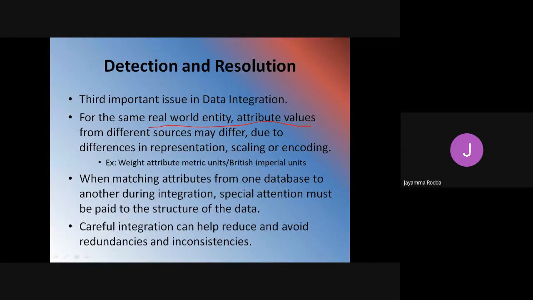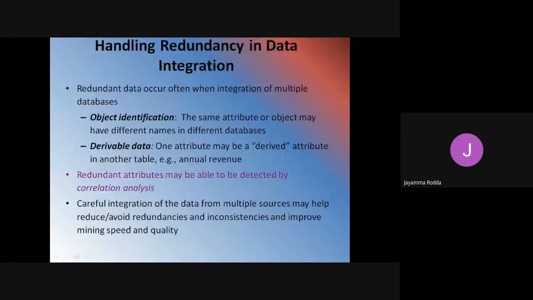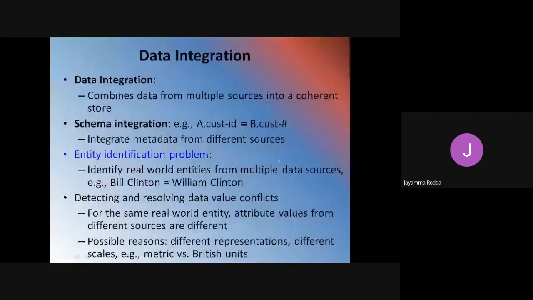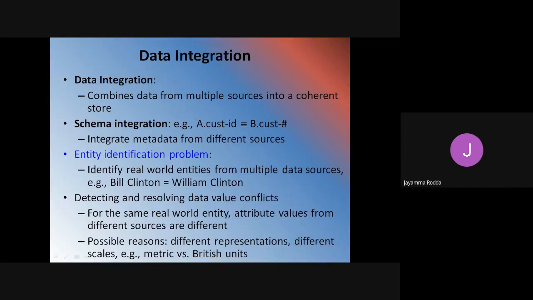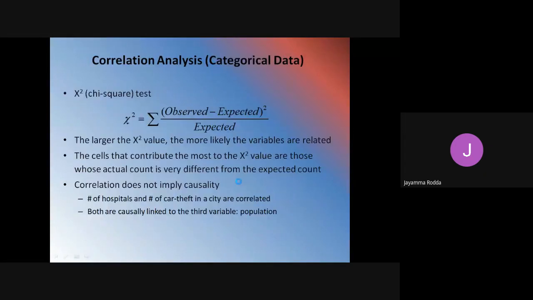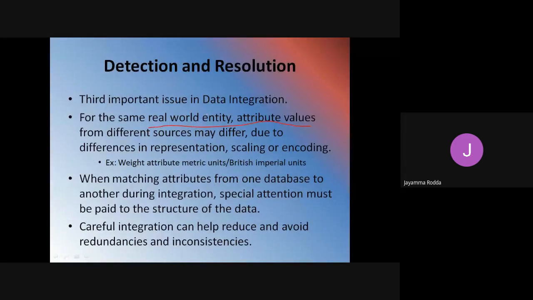This concept we have discussed here. The possible reasons are British metrics and other metrics. If the one who is trying to calculate is using different metrics other than British units, then there will be a difference. That is what we discussed in detail here. So for the same real world entity, attribute values may be stored differently.